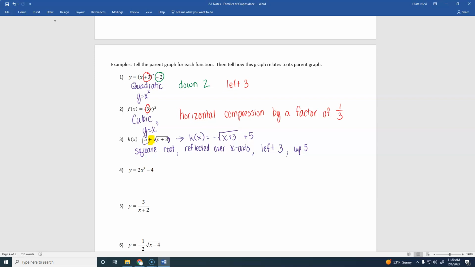But that 5 is not multiplied, so it can kind of be brought to the back. So it would move it up 5. If we had it looking like this, negative 5 square root of x plus 3, that would be a vertical expansion or compression. Okay? Questions so far?